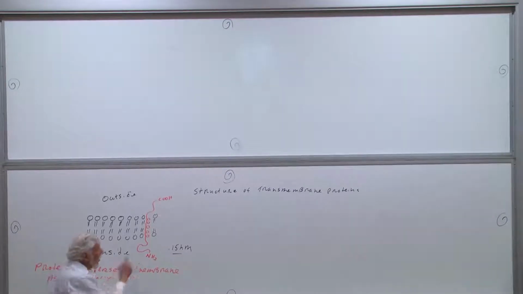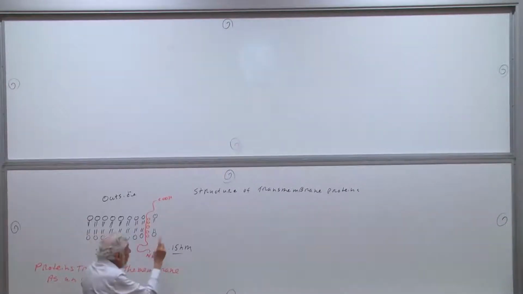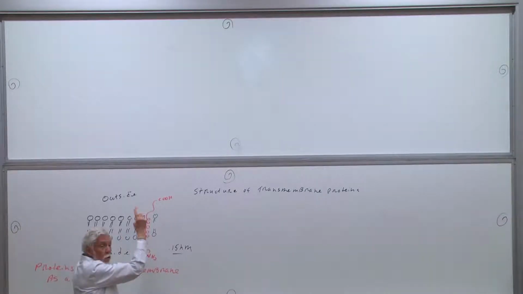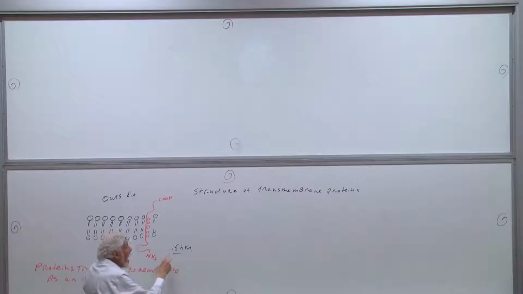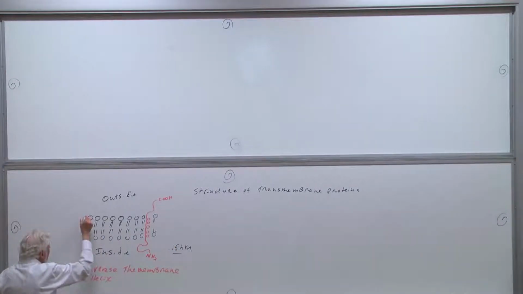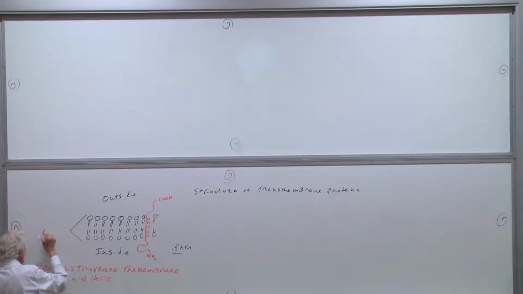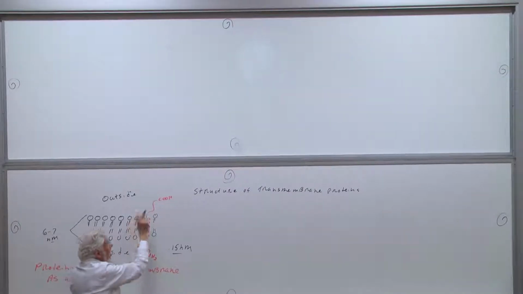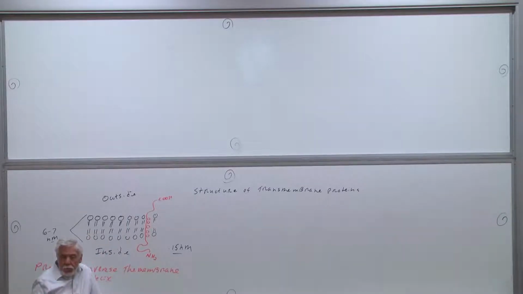Now, the number isn't important. But imagine this is a spiral staircase, and you're climbing it to go across the phospholipid bilayer, and each step takes you 0.15 nanometers. If you recall that the thickness of this membrane is in the neighborhood of 6 to 7 nanometers, you now see that you have at least 40 amino acids required in this spiral staircase that goes across the membrane.